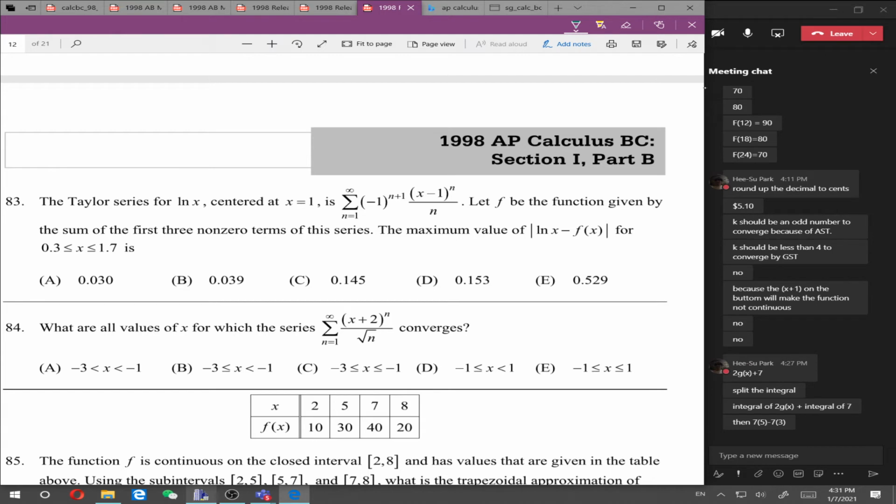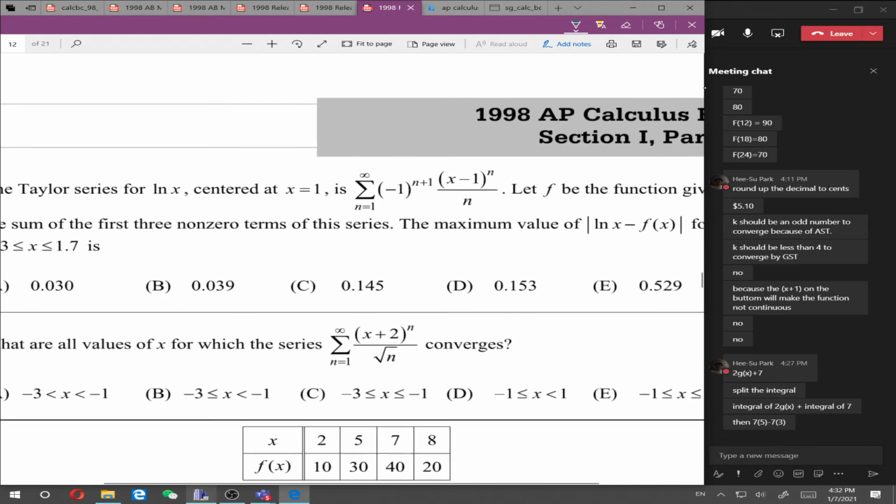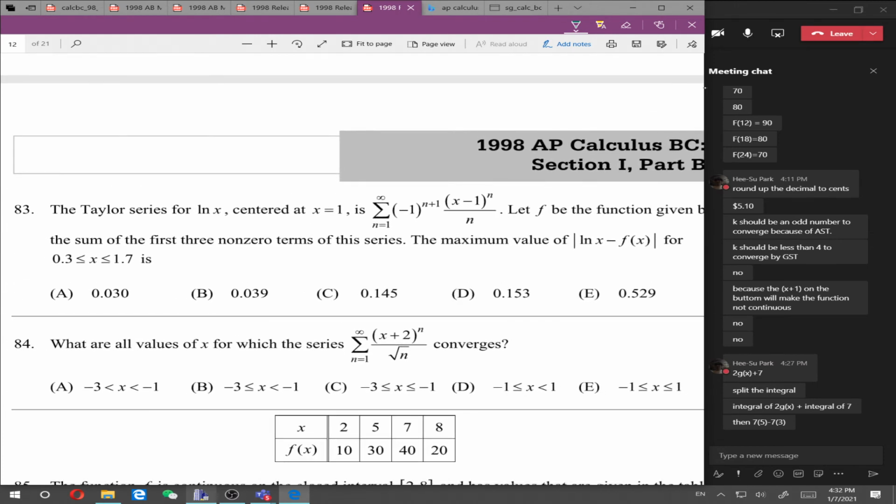What do we need to do first? Write the equation. Okay, so we need to write the first 3 non-zero terms of the series. So what's my first term for this Taylor series that they've given for us?